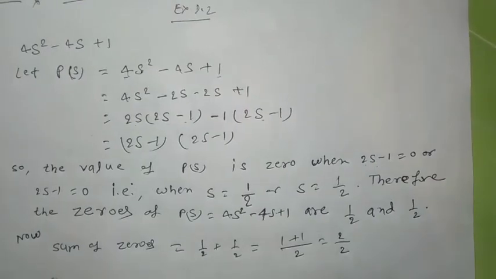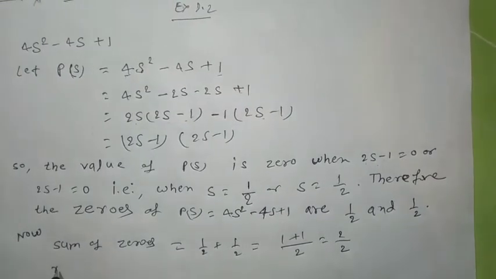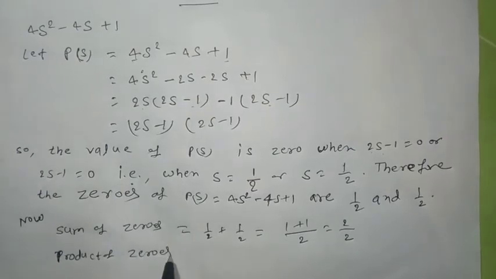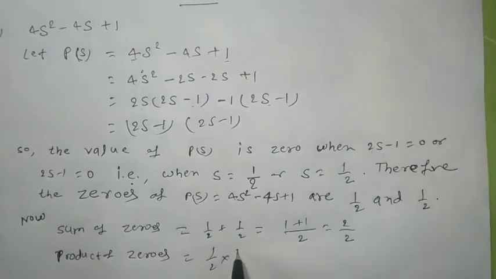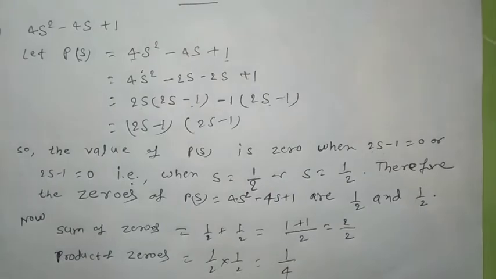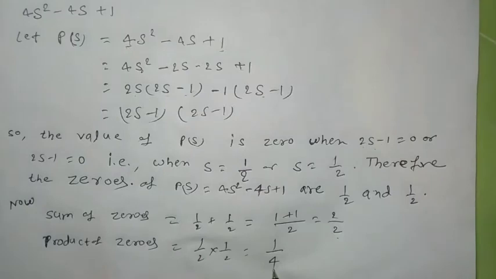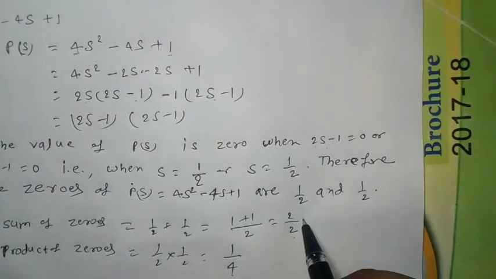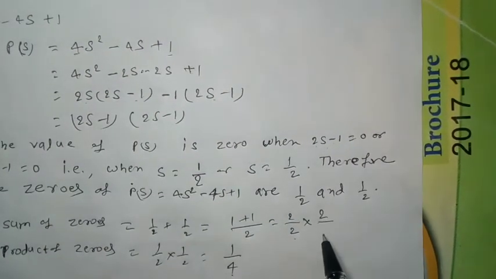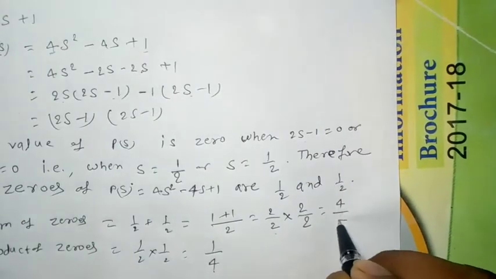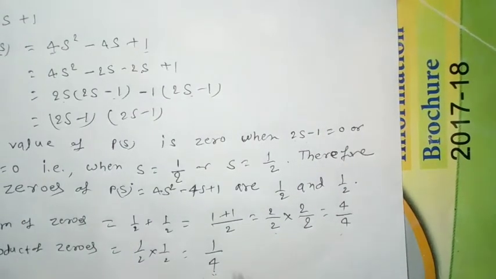Now product of zeros is equal to 1 by 2 into 1 by 2, which is equal to 1 by 4. Here the denominator is 2, but here the denominator is 4. This is not equal, so we multiply the numerator and denominator by 2. Then we get 2 by 4. Now both denominators are the same.